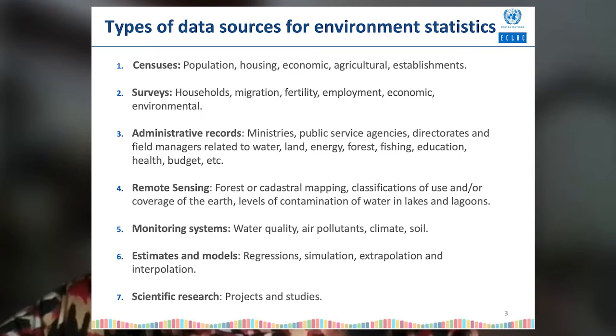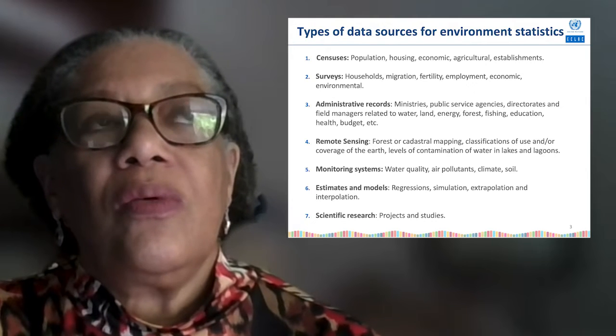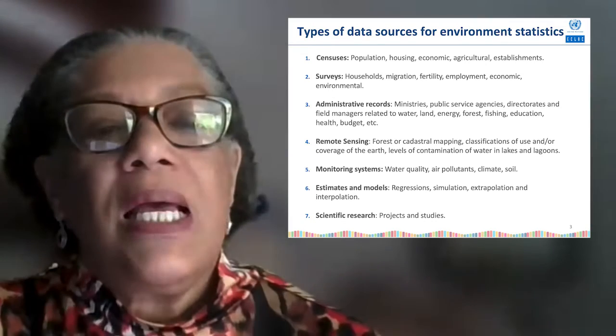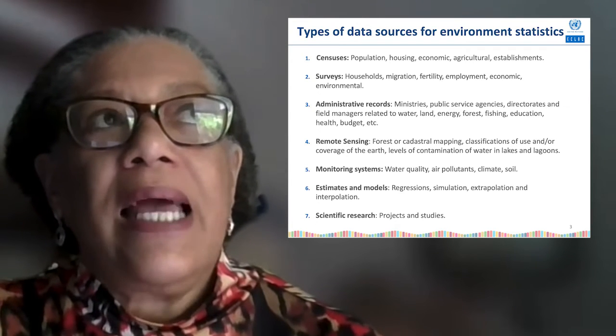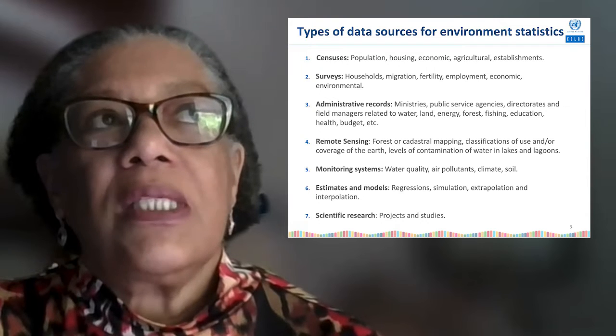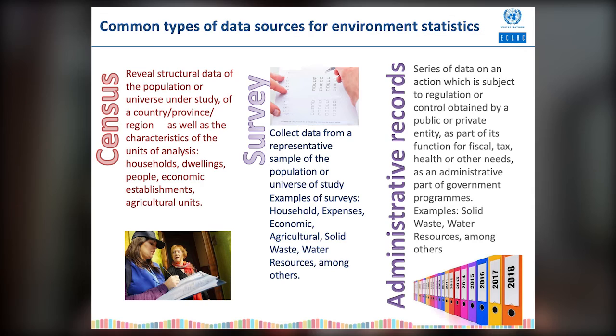Monitoring systems usually collect data on the quality of water, both inland and marine water, on air pollutants, on the climate, and on soil types and pollution. Estimates and models are usually used for regressions, simulation, extrapolation, and interpolation. And scientific research looks at projects and studies, and we'll go into those in more detail.